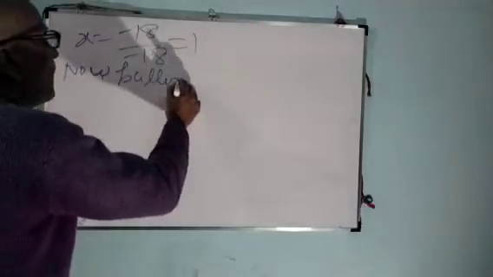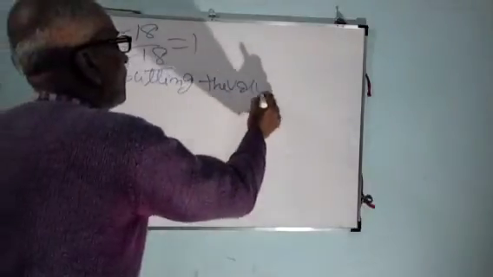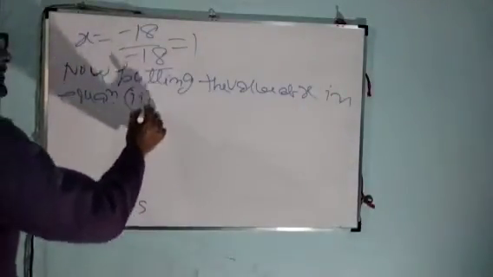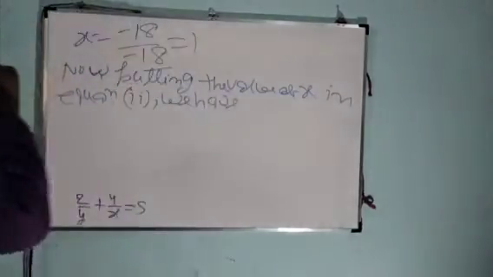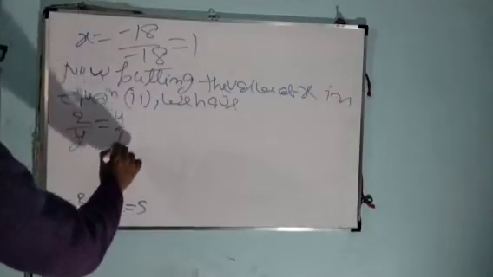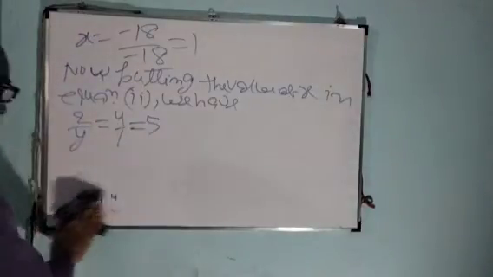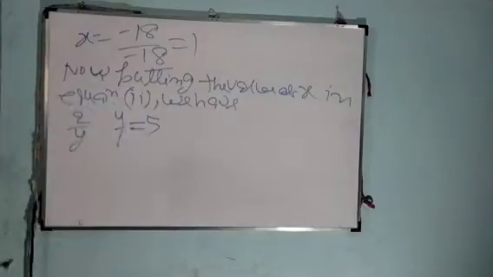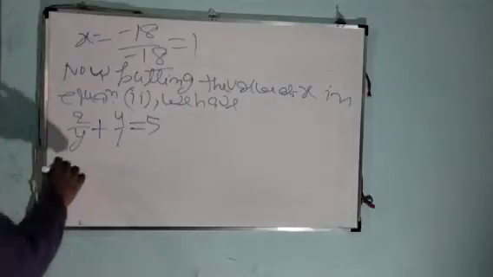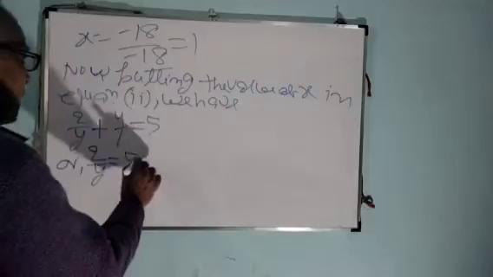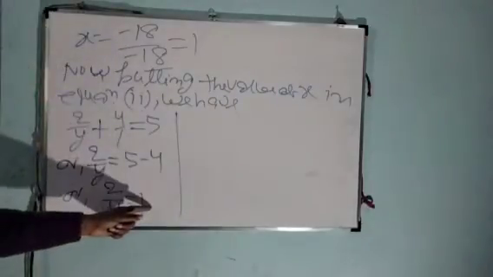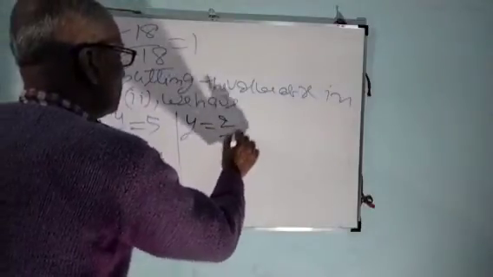Putting the value of x in the second equation, we have 2 by y plus 4 by 1 equal to 5, or 2 by y equal to 5 minus 4, or 2 by y equal to 1. We take y to the RHS and this 1 will come to the LHS. We have y equal to 2 by 1 equal to 2.